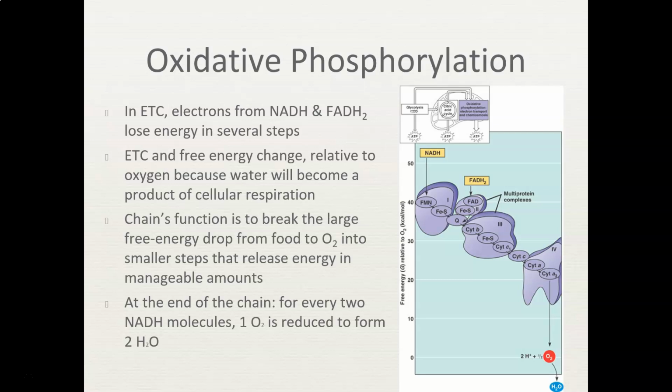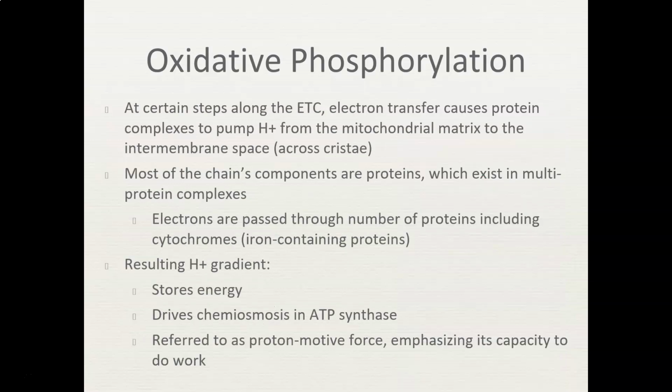When we look at the steps of this electron transport chain, each protein is going to pump H pluses from that mitochondrial matrix, which is the most internal component, the jelly-like substance inside your mitochondria, into the intermembrane space, the space between your inner and your outer membrane. That's going to result in this H plus gradient.